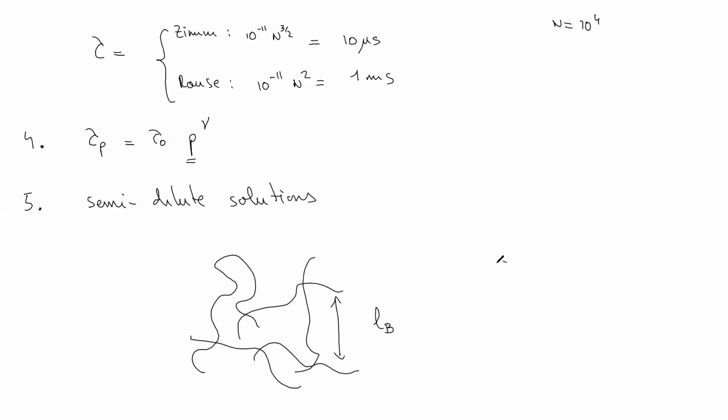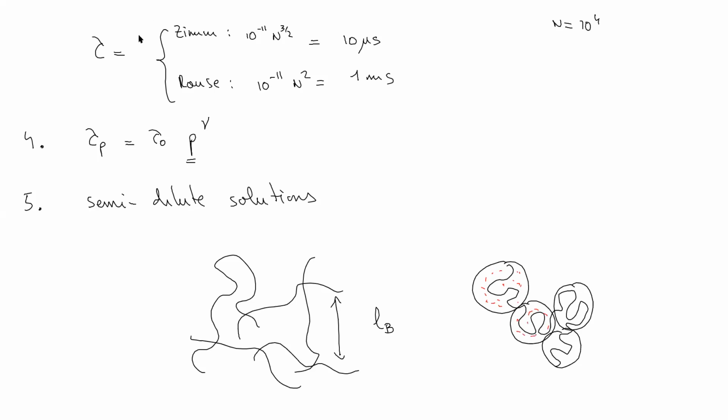And in fact, we transform that problem into the following one. So a chain is in fact made of blobs. And in this blob, actually, you have only a portion of chain that feels solvent here as well, but no other chain.